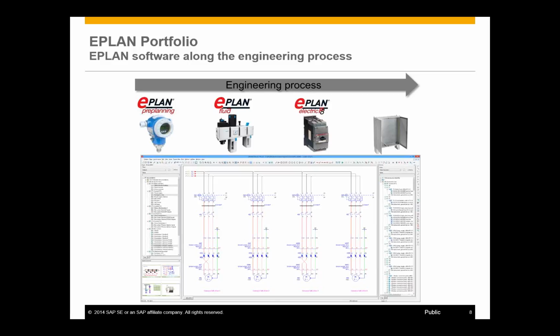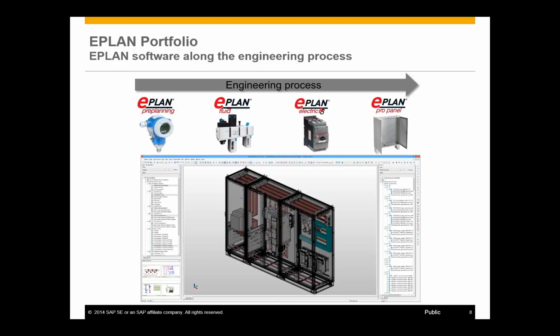And for the handover to manufacturing, we have ePlan Pro Panel, which allows a 3D representation and layouting of cabinets, including interfaces to hand over this data for manufacturing. And what you see here is the ability to cover the complete process with the different documents that are created during the process with our tools.